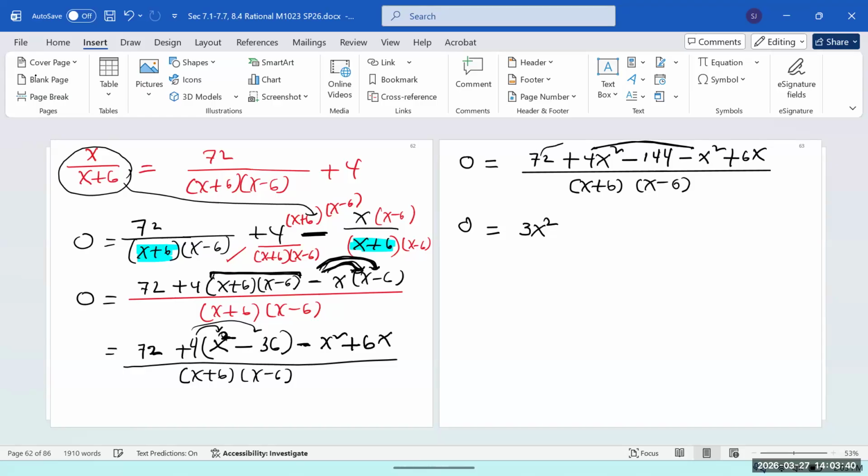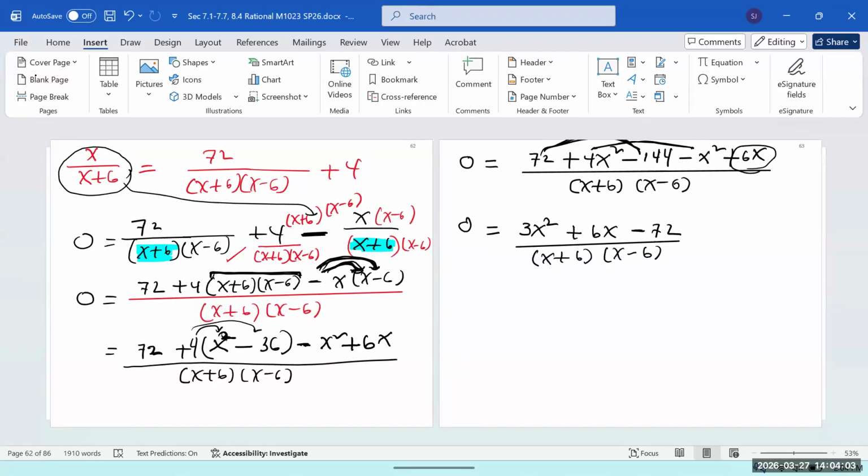We have 72 and 144. What do you have? Negative 72. And then we have 6x alone, so plus 6x, over x plus 6, x minus 6. And then we factor.